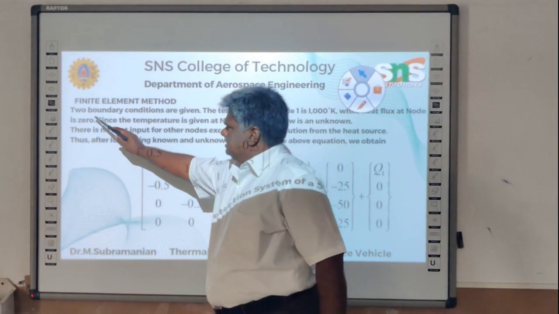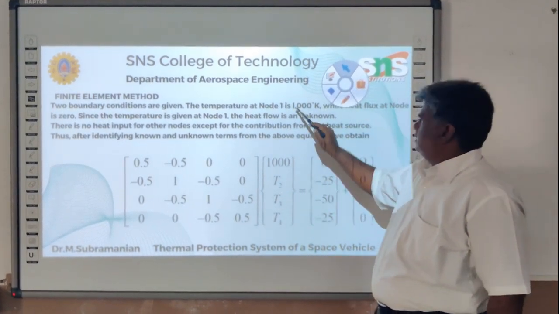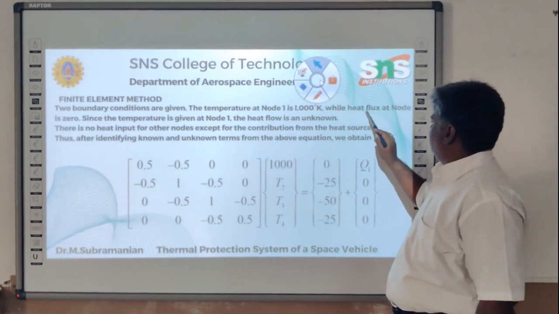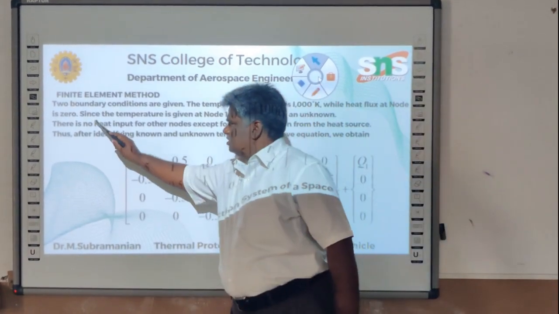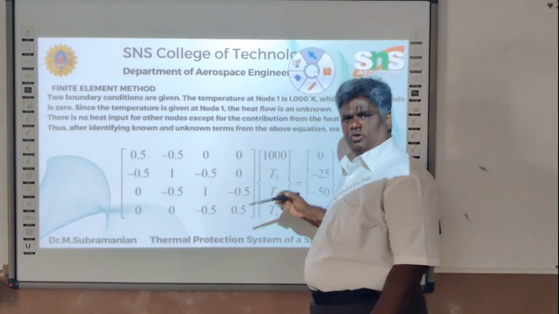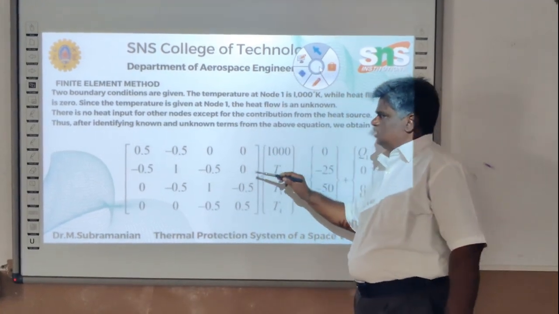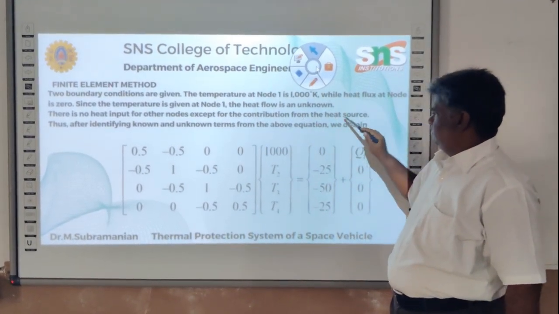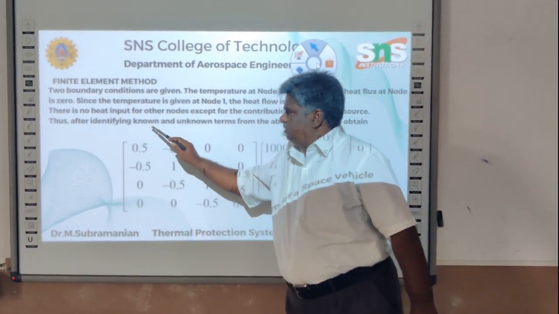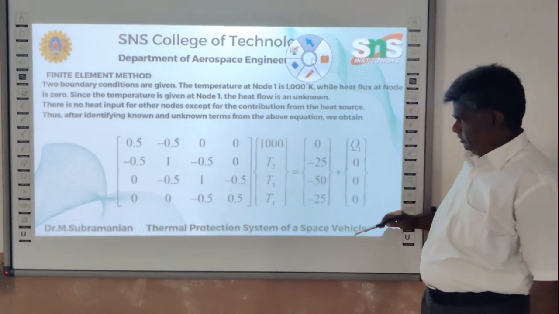Based on the boundary conditions given, the temperature at node 1 is 1000 degrees K, while the heat flux at the other nodes is 0. Since the temperature is given at node 1, the heat flow there is an unknown value. There is no heat input for the other nodes except for the contribution from the heat source. Then, after identifying the unknown terms from the above equation, we can obtain this.